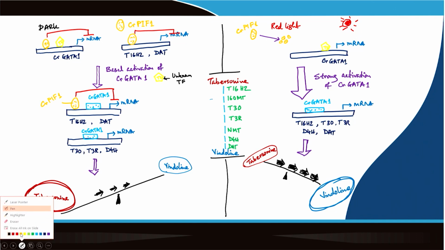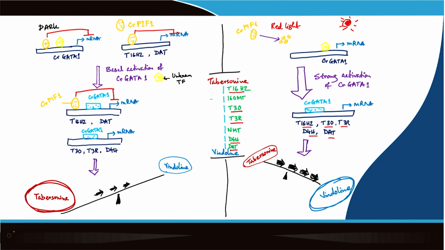Okay, now the ones which are influenced by the light, I will mark here. So, this I can mark with red.